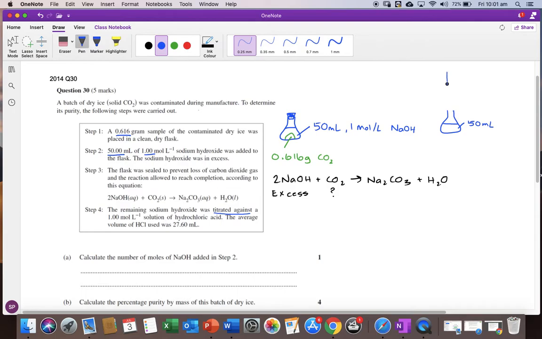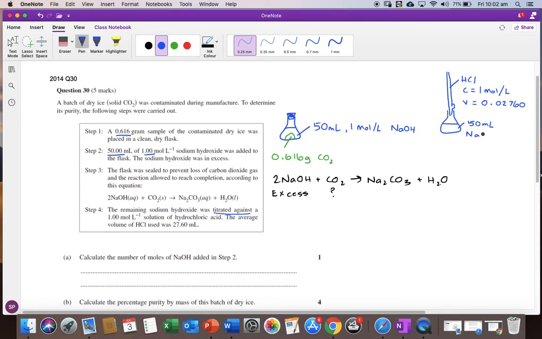Okay, and then you're told that it's titrated against HCl. That HCl has a concentration of 1 mole per litre, and the volume that was required was 0.02760.